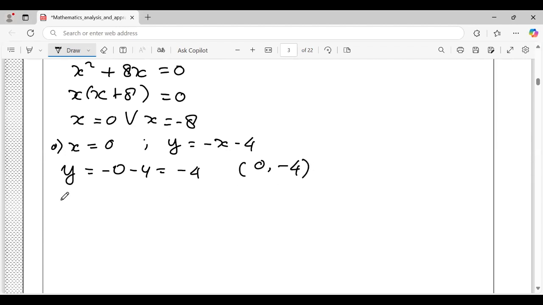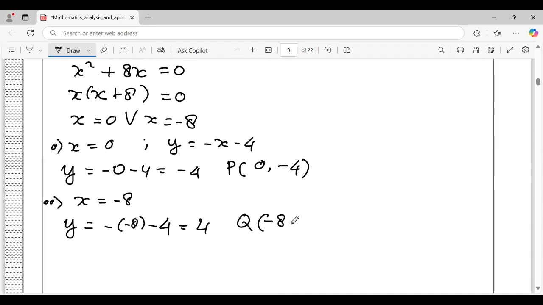This is P, the first intercept point. If x equals minus 8, y equals minus of minus 8 minus 4, which equals 4, because 8 minus 4. And the coordinate point of Q is minus 8 comma 4.